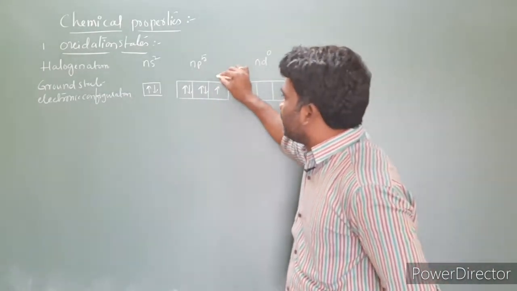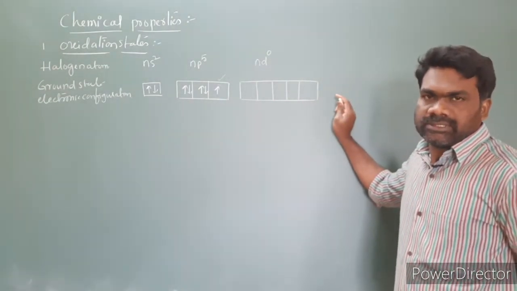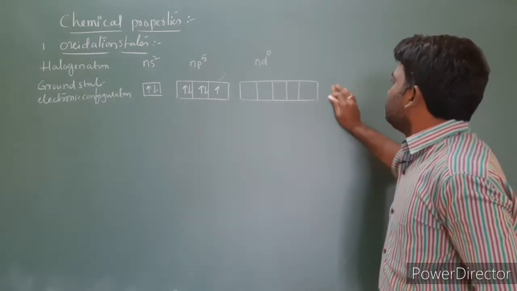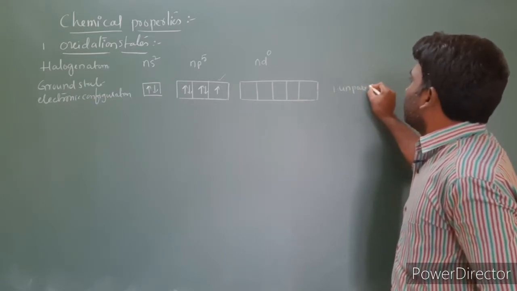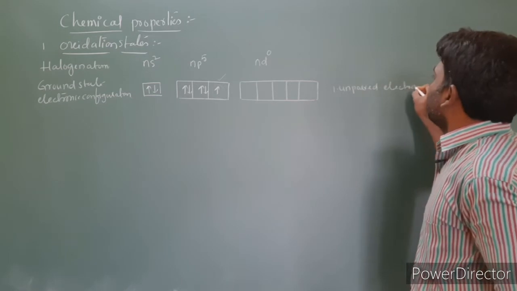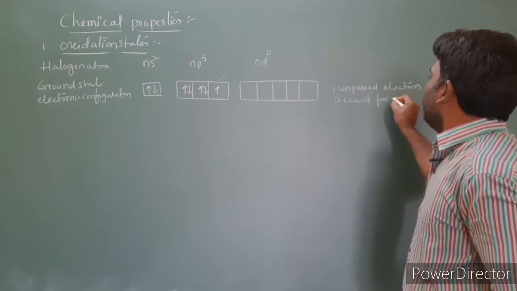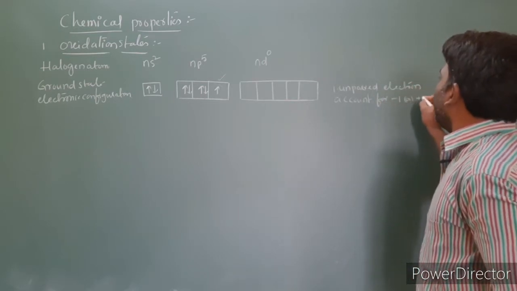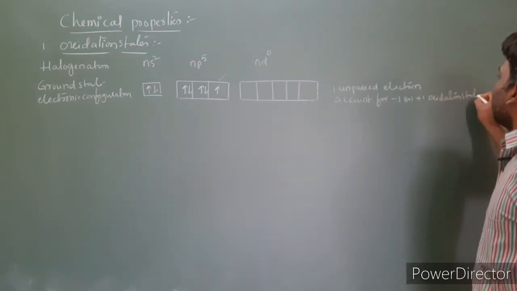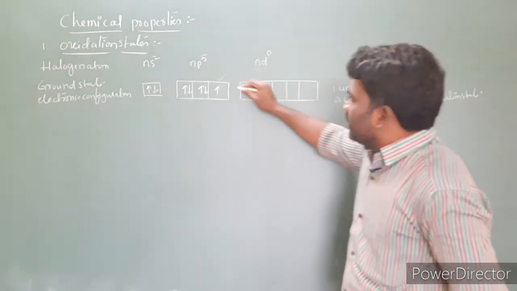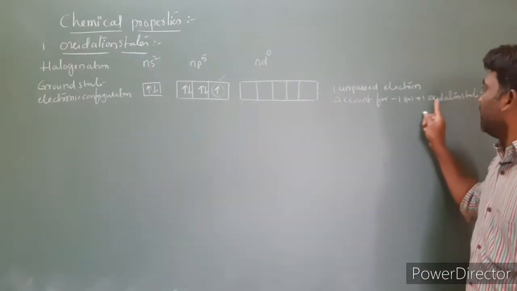This one unpaired electron accounts for the -1 or +1 oxidation states.